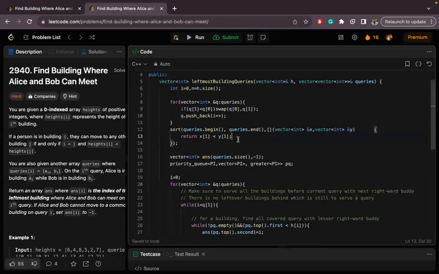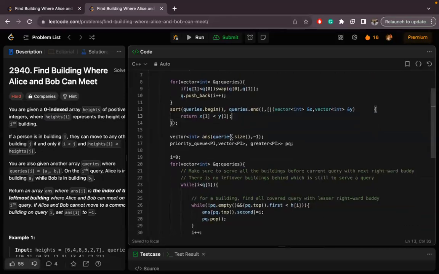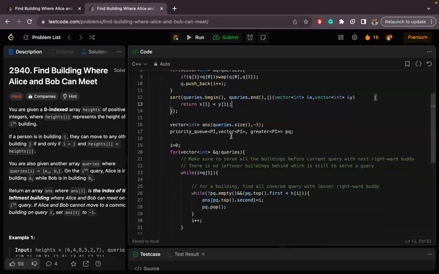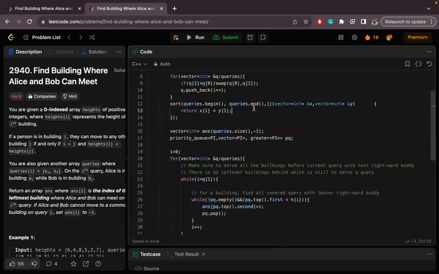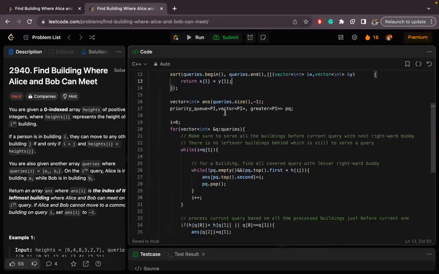It should be in ascending order with respect to the maximum height for each of the queries, and obviously that will be Bob, because second one. Okay, then I'm initializing the answer, and then I'm initializing a priority queue. Why? We will see it later.